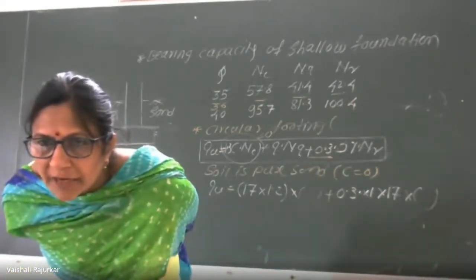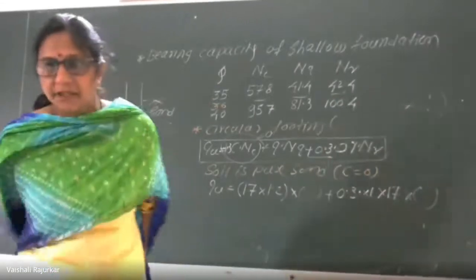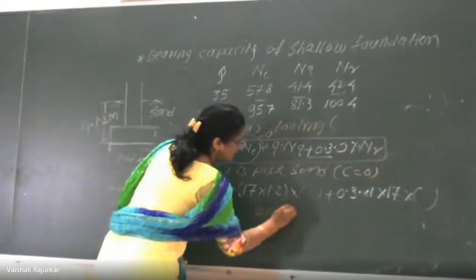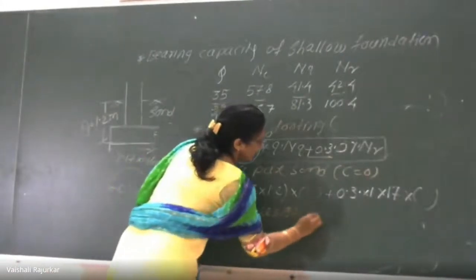It is 1283.97, right? 1283.97 kilonewton per meter square.